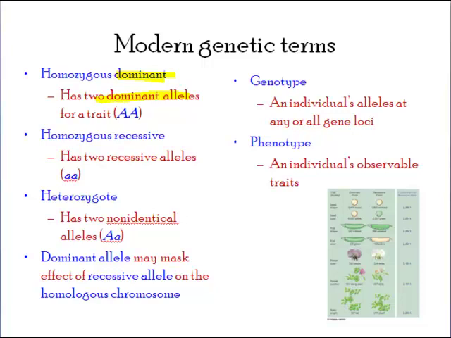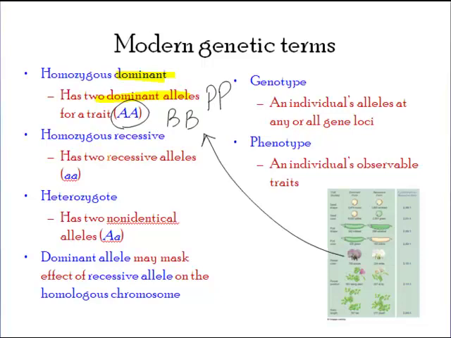For example, if the dominant allele is for brown eyes, then both chromosomes that have it will be represented in uppercase, for example BB, or as shown over here, AA. If the color indicated over here is purple, then a dominant allele of purple would be represented as capital P, capital P.